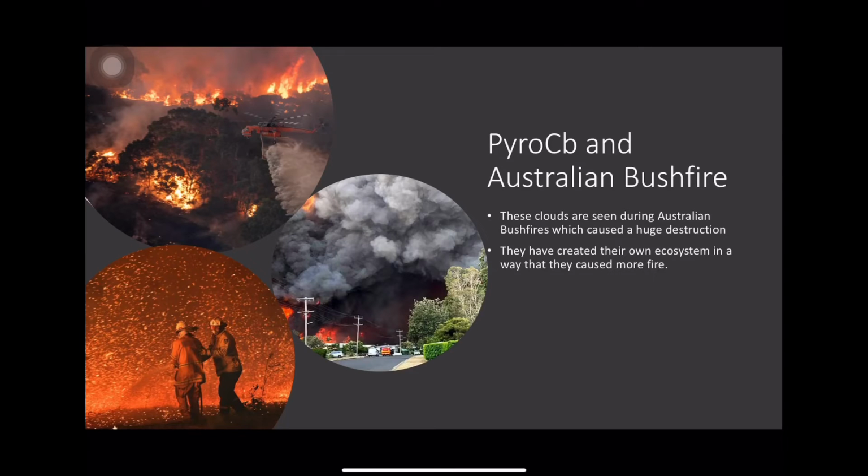What is the relation between pyrocumulonimbus clouds and the Australian bushfire? We already have seen the characteristics of pyrocumulonimbus clouds. They contain fire and they are very huge clouds. The Australian bushfire was so huge that it created a hell of a lot of pyrocumulonimbus clouds, as can be seen in this picture. These clouds were seen during the Australian bushfire, which caused huge destruction.